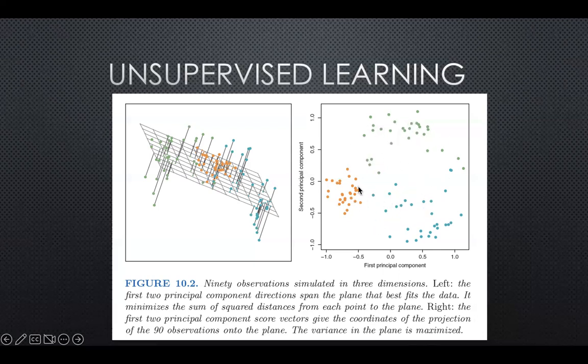Even though we have lost a little bit of information, we have still captured the essence of the data, and we have reduced 1 dimension. That is, we have gone from 3 dimensions to 2 dimensions. And the idea is that the amount of variation in the data in this particular plane is maximized.